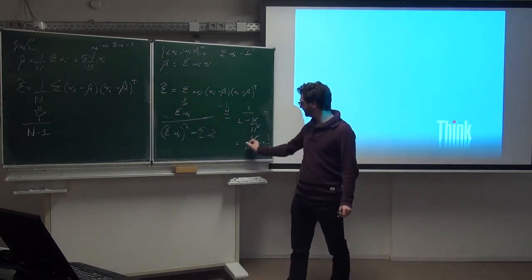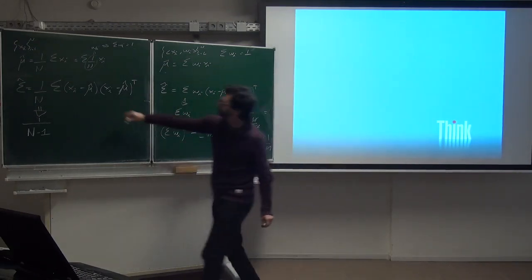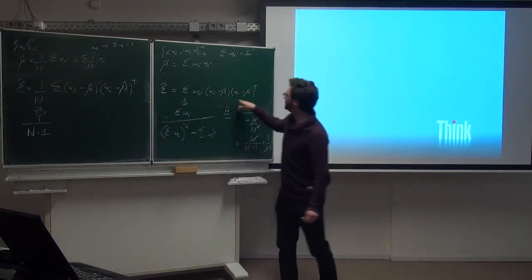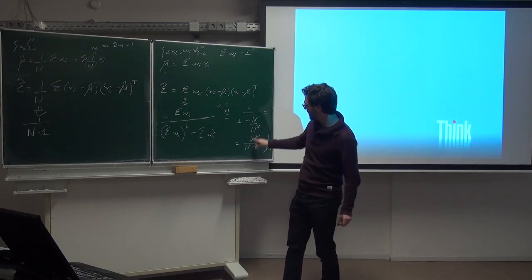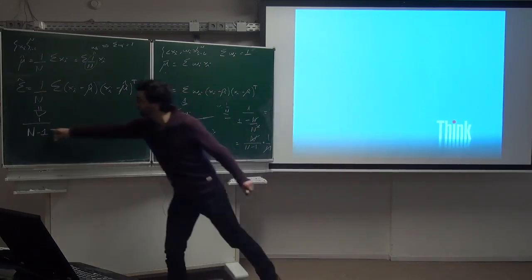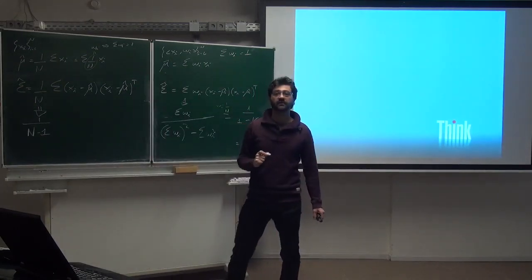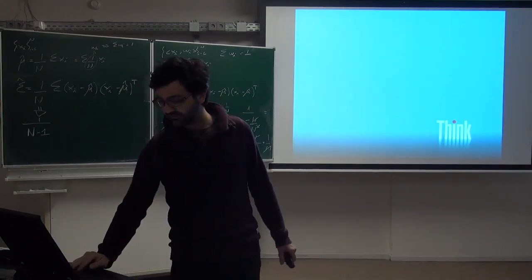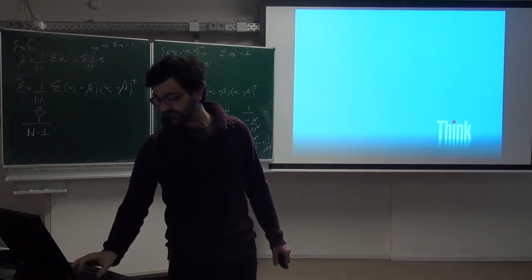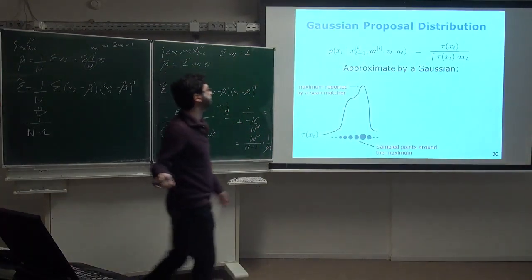You can simplify, and you end up with just the sum, divided by the resulting factor, which is 1 over n minus 1, and we end up exactly the same. So that's how you do the unbiased estimator for the covariance.